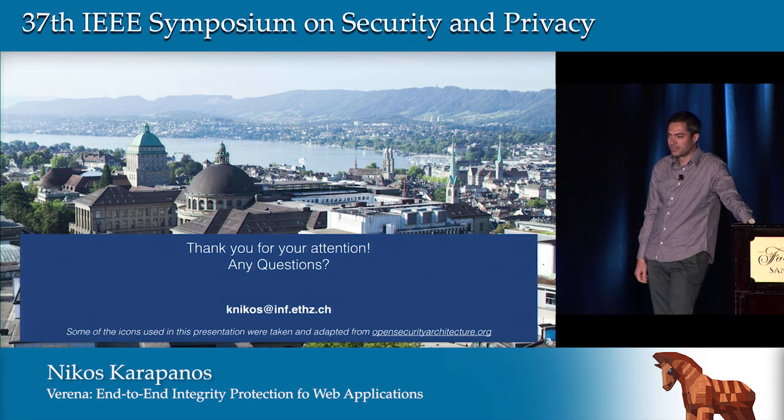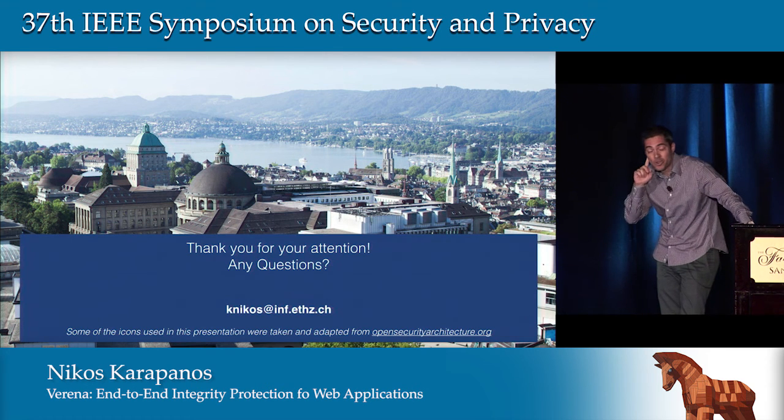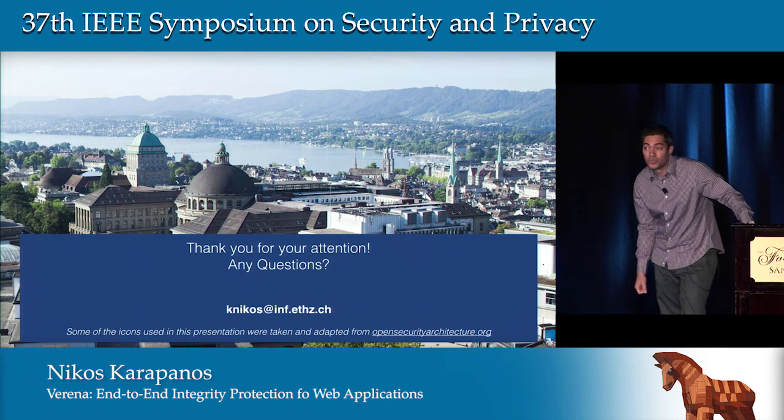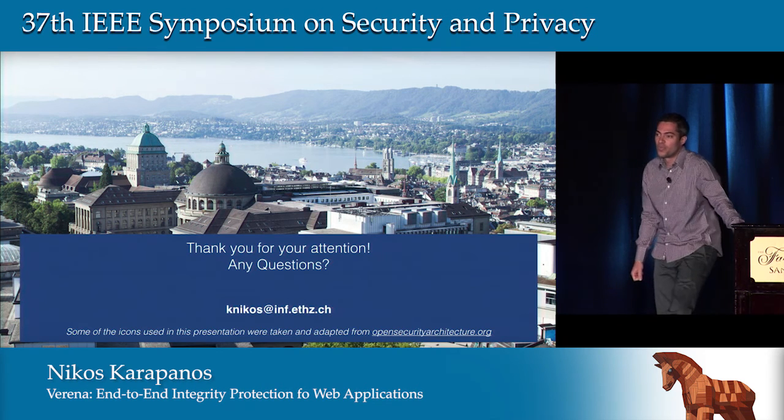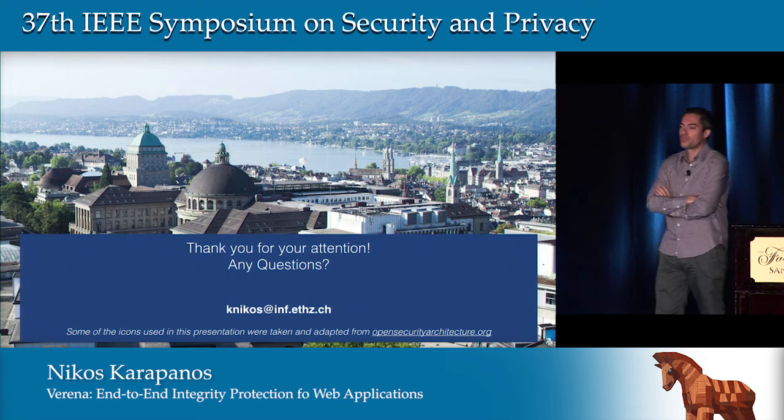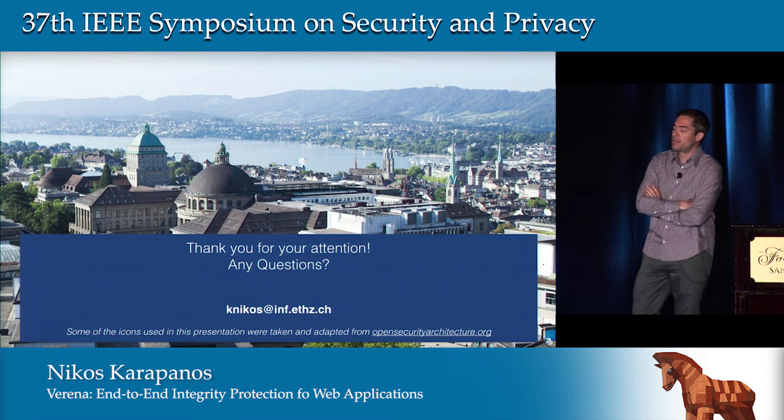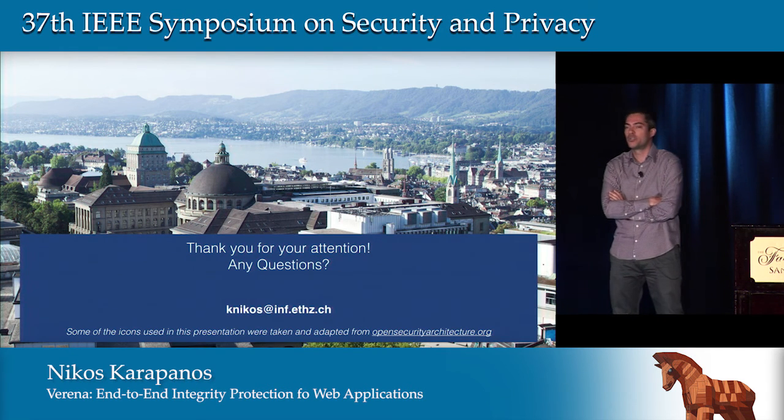So how do you think Verena can be deployed? How do you think Verena can be used by web developers and adopted by common users? For example, now we have an implementation on Meteor, right? We could, and our plan is to actually make it available.